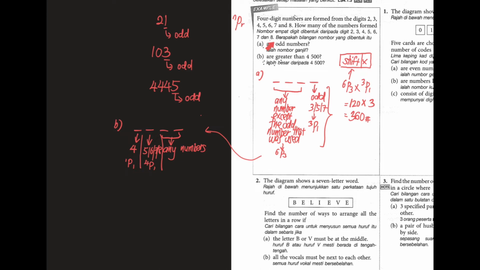Oh, 7. Counted wrong already. 7 numbers. After using 2 numbers, I still have 5 numbers. So out of these 5 numbers, I arrange 2 of them at the last 2 positions. So now I multiply them.